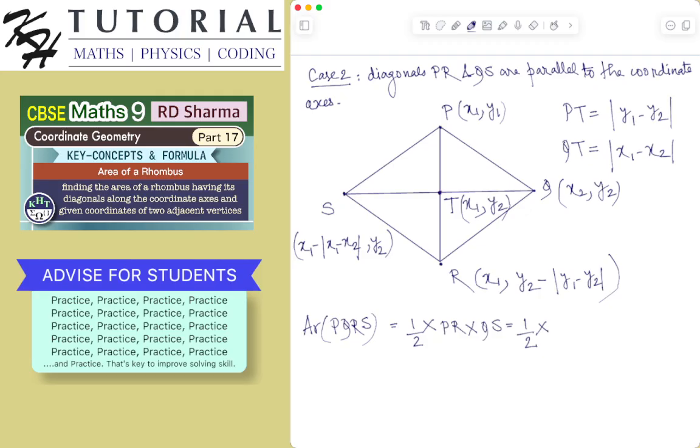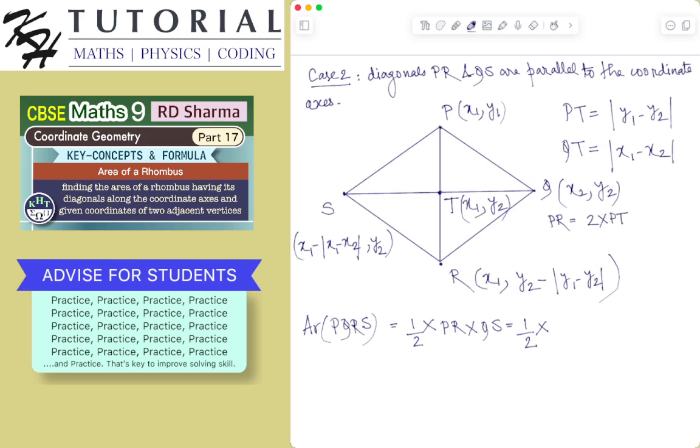Now what will be PR? PR is nothing but 2 times PT, because T is the point of intersection of the diagonals, and we know that in a rhombus the diagonals bisect each other.